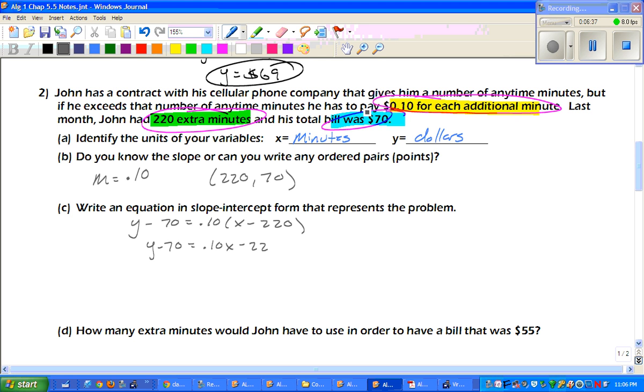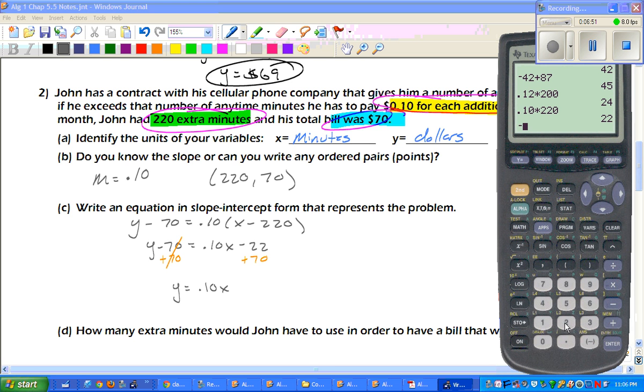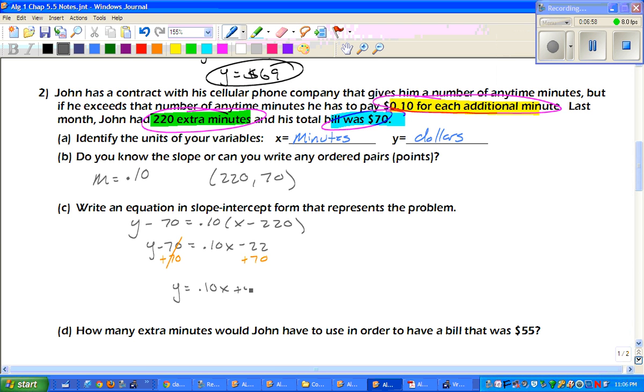What do we do next? If I heard you right, it's add 70, because we want to get the y by itself, and we get y equals 0.10x, and then negative 22 plus 70 gives us positive 48.